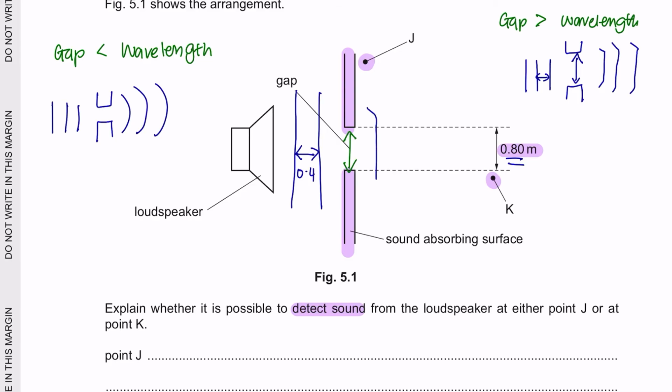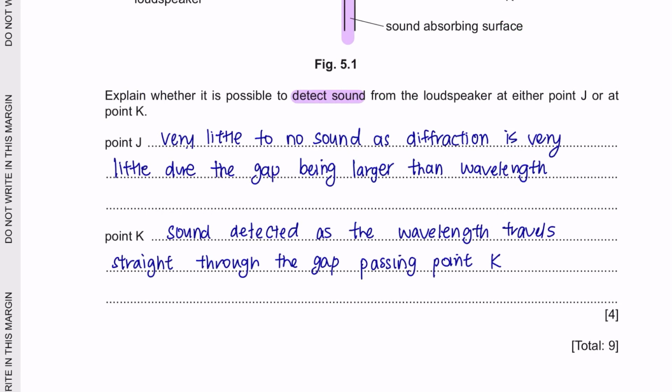So the diffraction of sound here will be very little. Therefore, we can assume that the sound heard at position J would be very little to no sound, as the diffraction here is going to be very little. However, at point K, the wave will travel and there could be more sound. So this is how you can answer to obtain 4 marks.